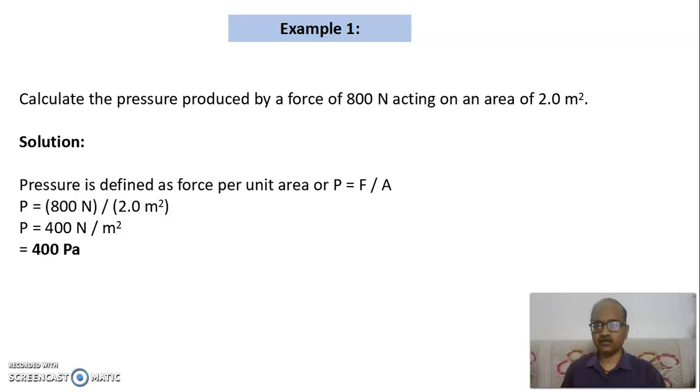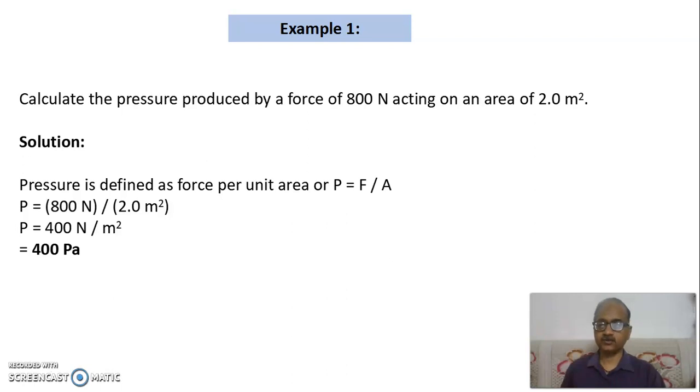Example 1. Calculate the pressure produced by a force of 800 newtons acting on an area of 2 meter square. As you know, pressure is defined as force per unit area, or P is equal to F upon A. Force given is 800 newtons and area is 2 meter square.